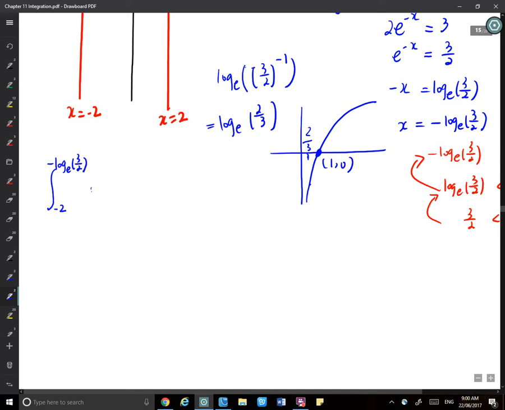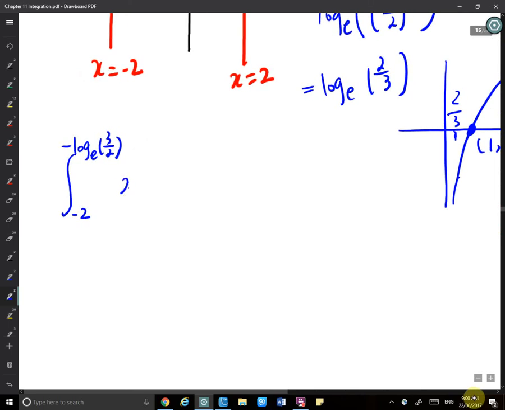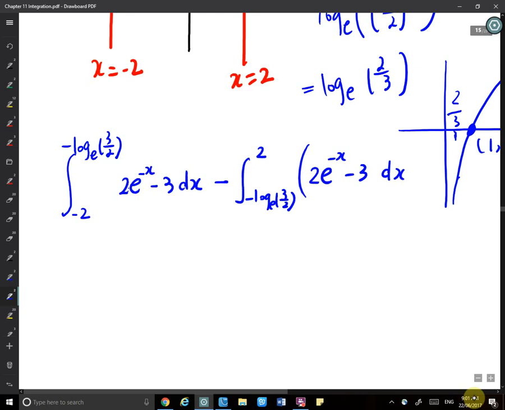I'll write it smaller. 2e^(-x) minus 3 dx. And then minus the integral from negative log e 3 over 2 to 2 of this function. Better put a bracket around that.